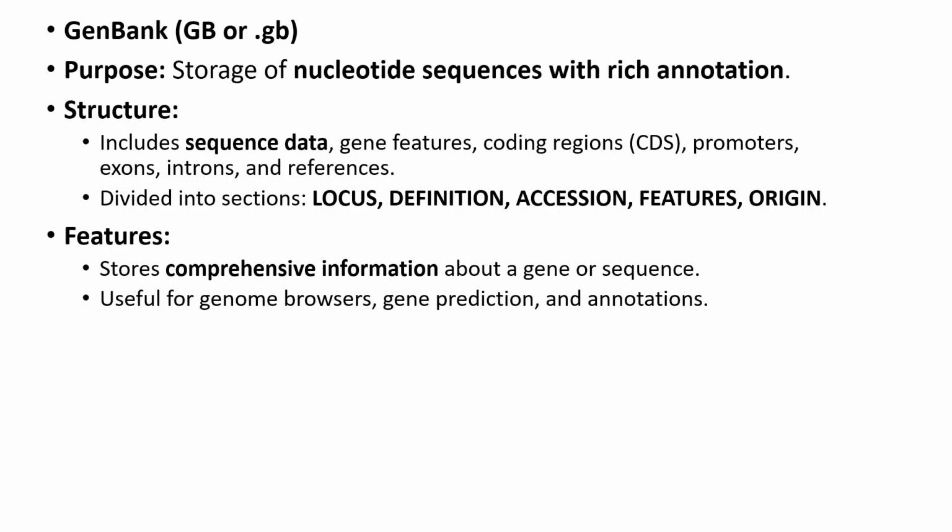So that covers the drawback of FASTA. The structure includes sequence data, gene features, coding regions, promoters, exons, introns, and references from where all this information is retrieved, divided into various sections such as accession, features, origin, and definition. These files can store comprehensive information about a gene, which is useful for genome browsers, gene prediction, and annotations, where you are predicting a gene's function and studying the annotations. This is widely used in this sense.